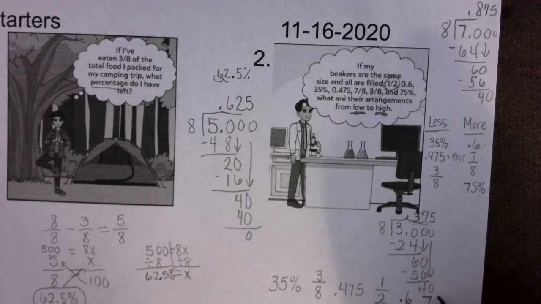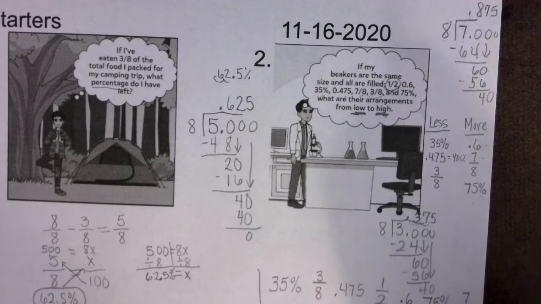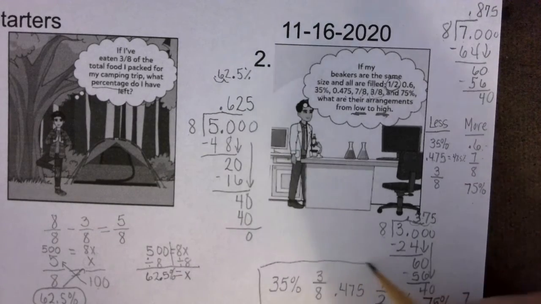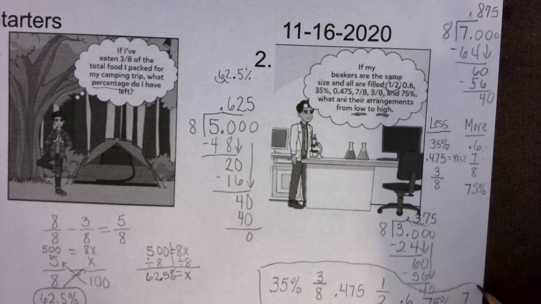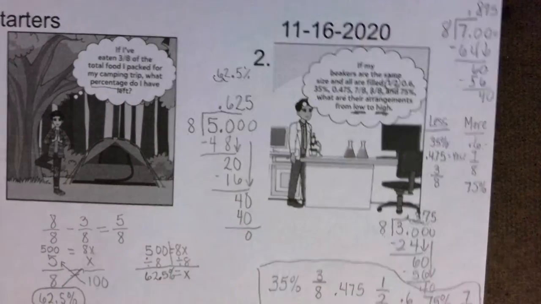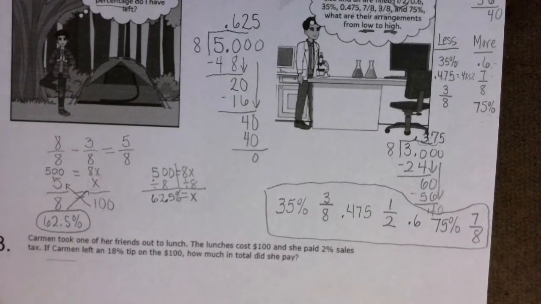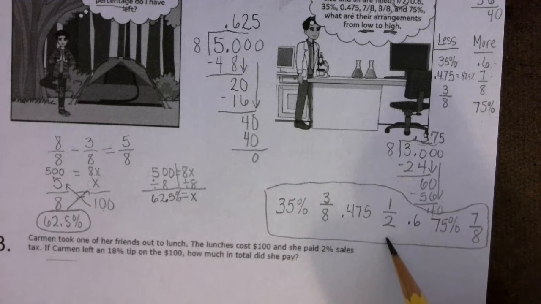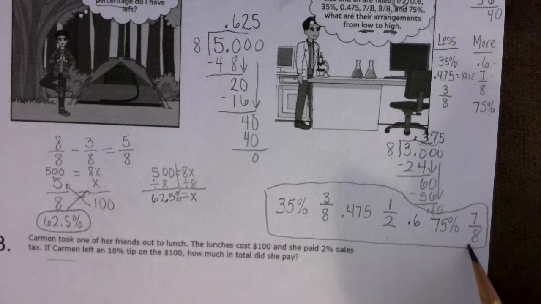So I've got 75% next, and then 7/8 is the biggest. So I think that that's the easiest way to do that without switching all of those. So we've got 35%, 3/8, 475 thousandths. My half is in the middle. Then 6/10, 75%, and 7/8.